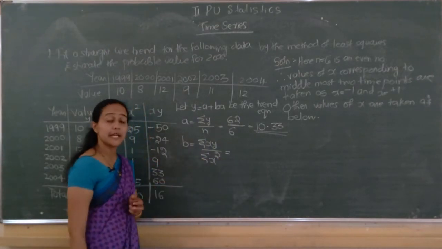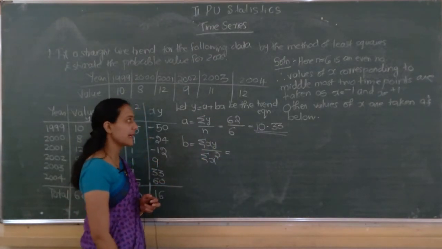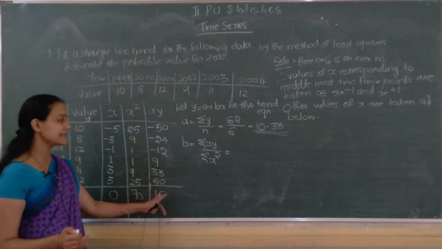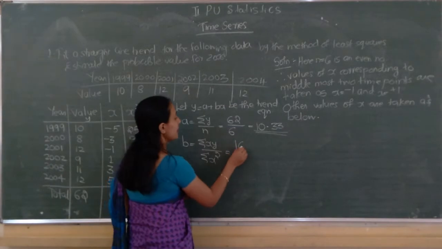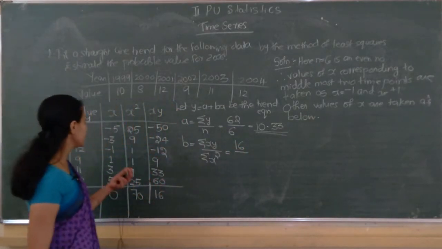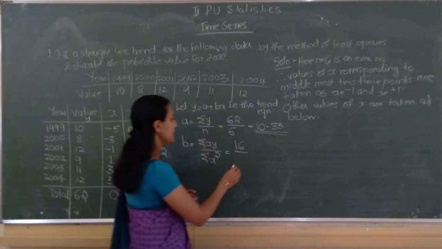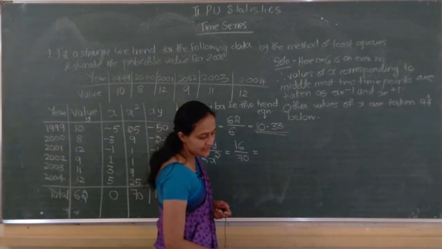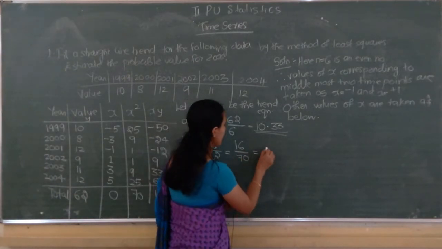Sigma xy means the xy column total, it is 16. Sigma x square column total is 70. 16 divided by 70, the answer is 0.23.